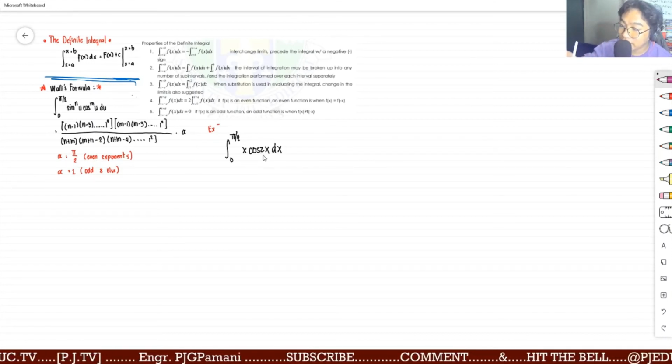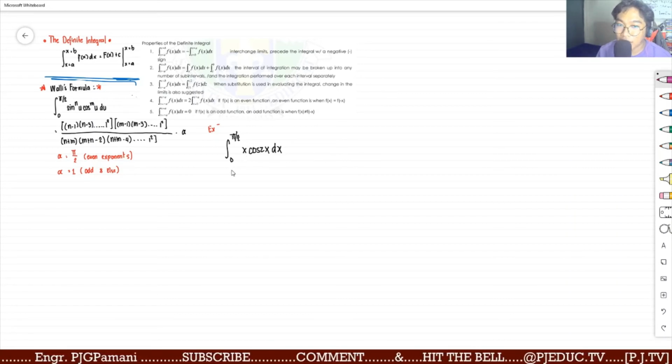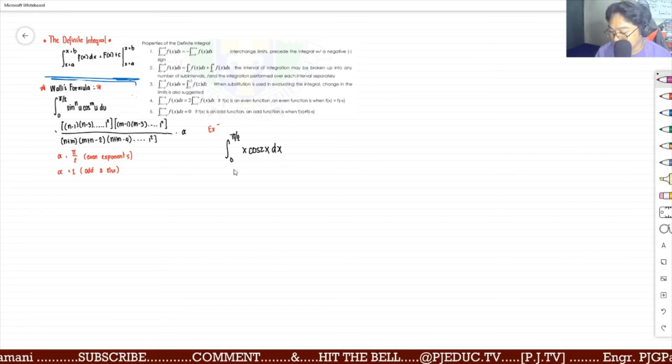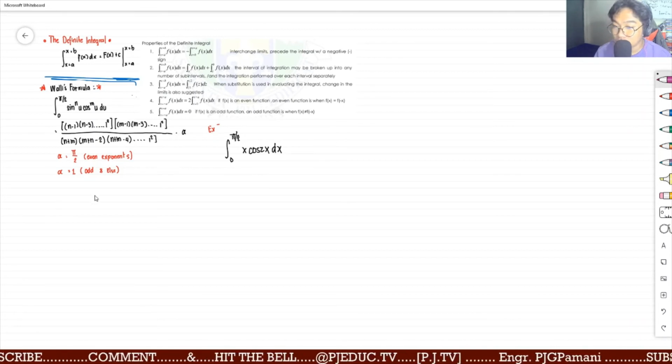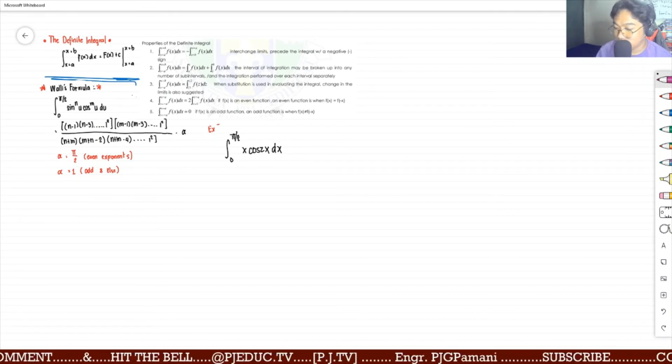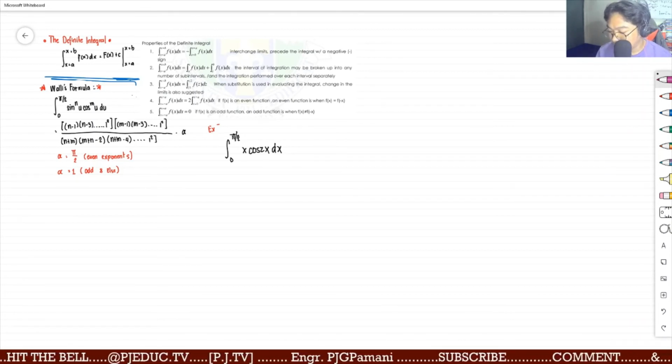If they are unrelated, anong gagamitin nating integral formula?